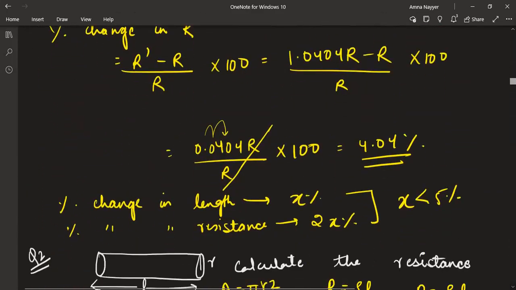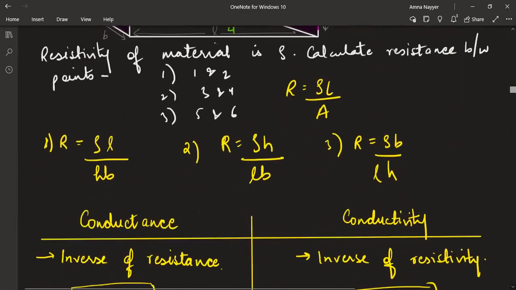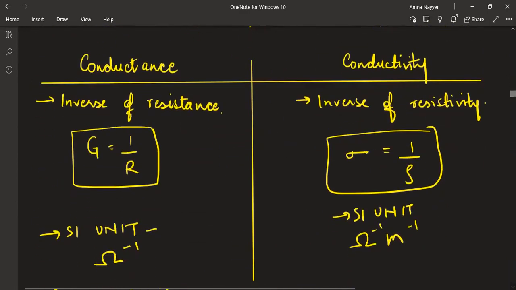You change the material, resistivity changes. It's like density. Density for water is 1000 kg per meter cube. Even if you take a glass of water, the density will be 1000 kg per meter cube. And if you take one drop of water from the ocean, that will also have the same density, 1000 kg per meter cube. So density won't change because it is a material dependent property.